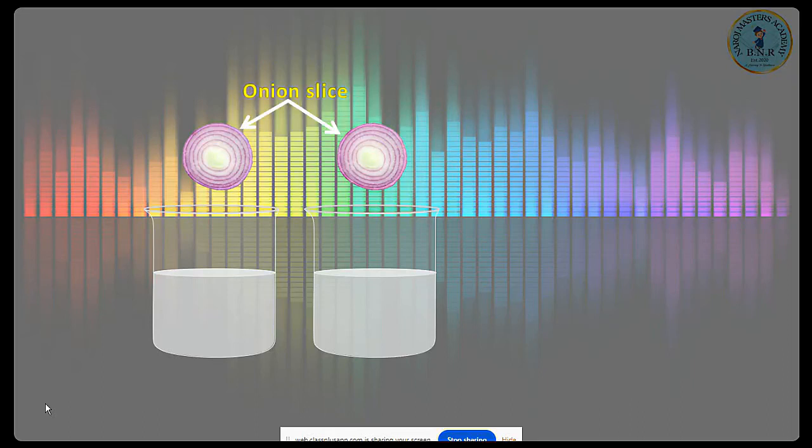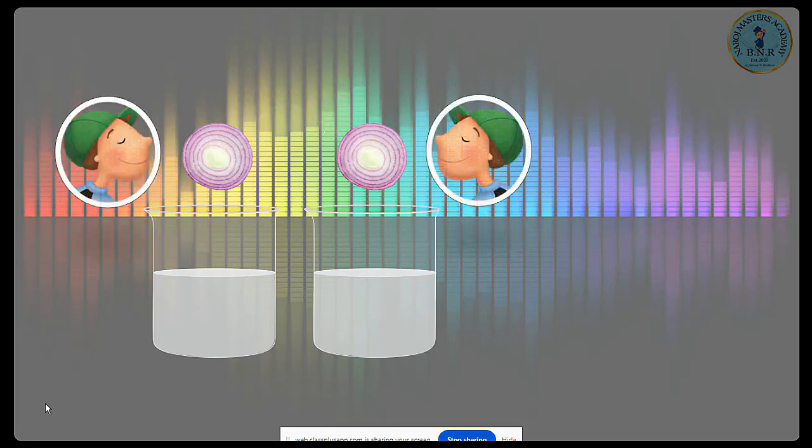So here we have two onion slices and two unknown solutions. Immerse them into the beakers and then check the odor, the smell of the onion slice. Initially you get the smell of the onion slice. After immersing into the solution and taking it out, do you still get the pungent smell?